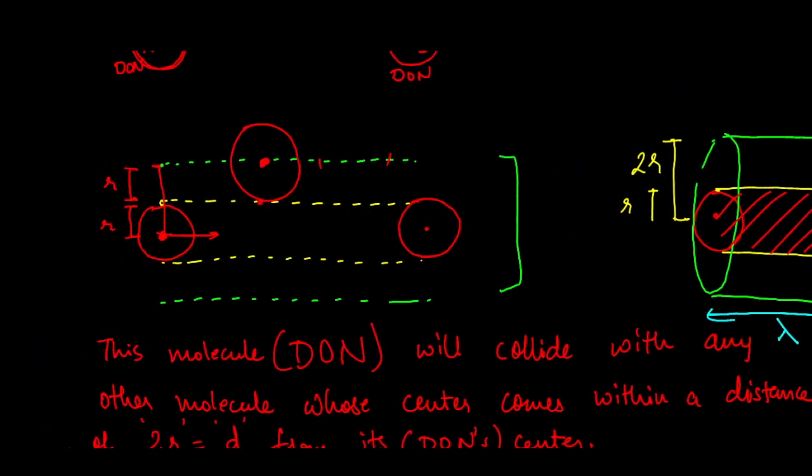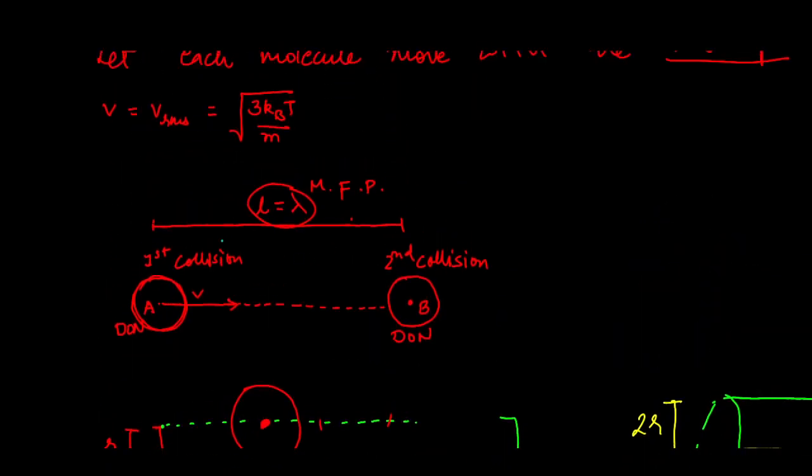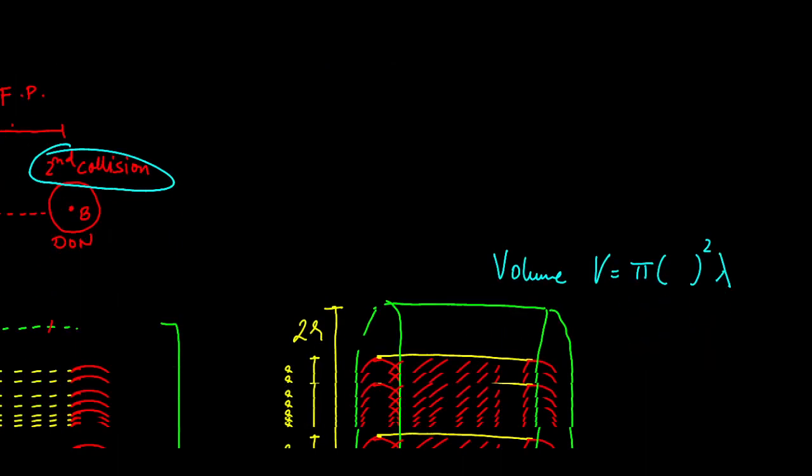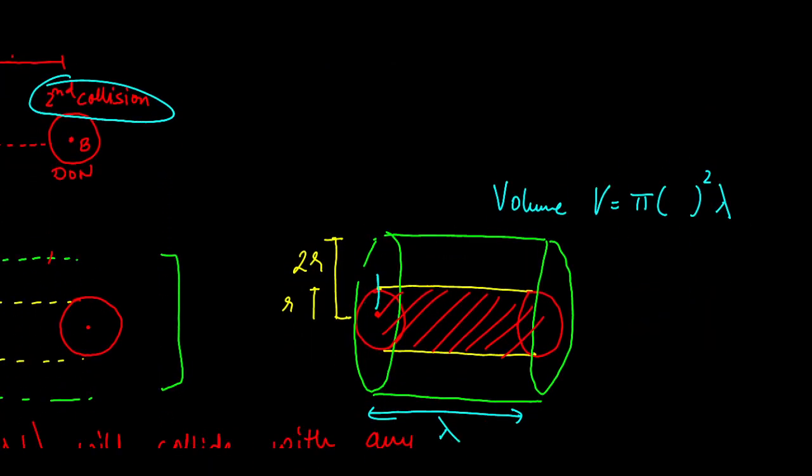Look at the previous diagram. Have you drawn it or not? Here, look, this distance is L equal to lambda. Okay, in that much time it's going to make the second collision, right? So we have to find the distance. So volume V is equal to pi radius squared lambda. Now look at this cylinder. The radius of this cylinder is not r, it is 2r.